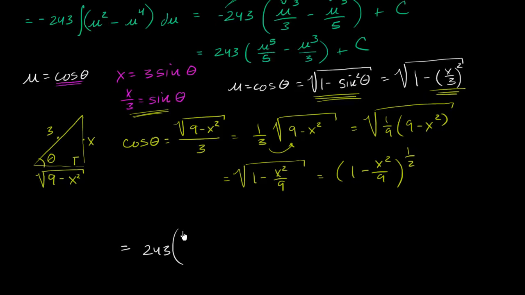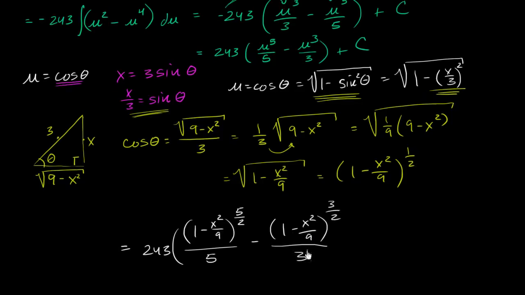This to the 5th power is 1 minus x squared over 9. It was to the 1/2, but if we raise it to the 5th power, it's now going to be to the 5/2 power over 5, minus this to the 3rd power, 1 minus x squared over 9 to the 3/2, raising this to the 3rd power, that's this right over here, over 3, and then all of that plus c.